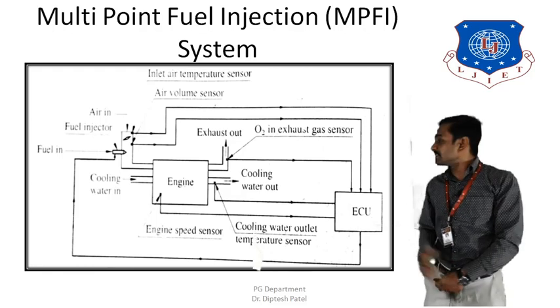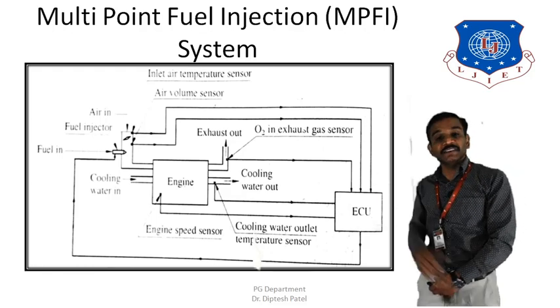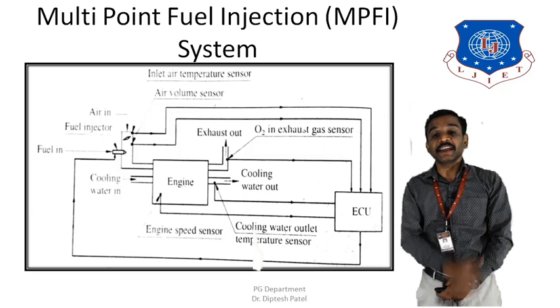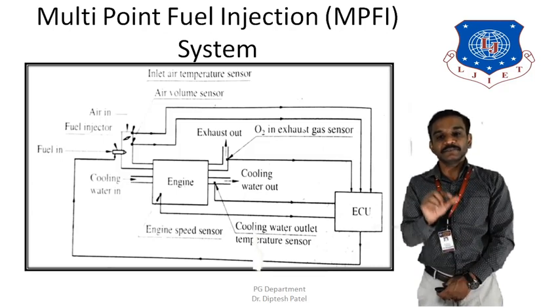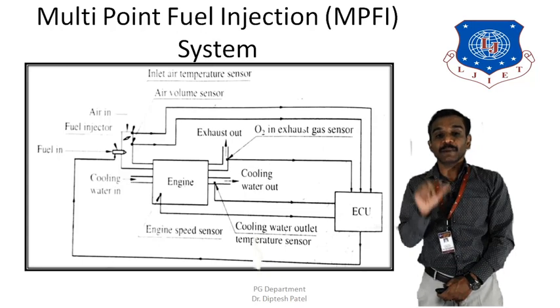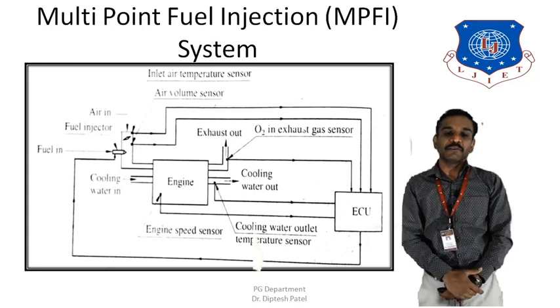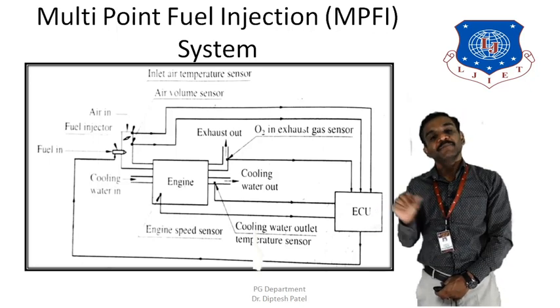These sensors provide information to the ECU, and based on that information, the ECU signals the fuel injector to supply the amount of fuel required for the particular application the engine is to be run for.